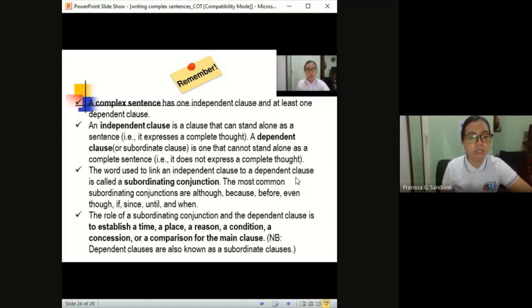The most common subordinating conjunctions are although, because, before, even though, if, since, until, and when. The role of subordinating conjunction and the dependent clause is to establish a time, a place, a reason, a condition, a concession, or a comparison for the main clause.